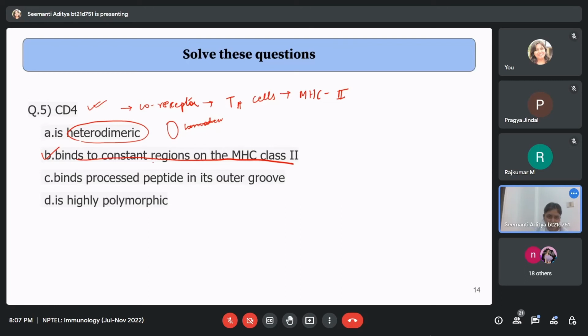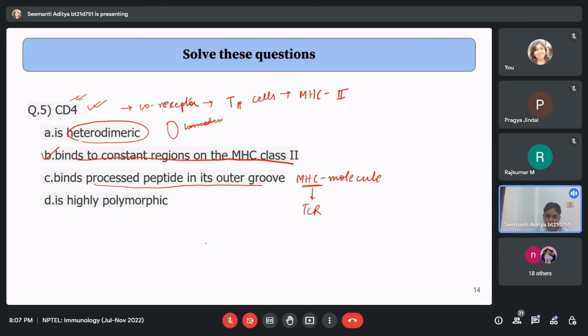And also option C is not correct. Processed peptide will be bound only by an MHC molecule, not by any CD receptors. So CD receptors are not binding to any processed peptides. Processed peptide binding is only mediated by the MHC molecule, and this MHC molecule will then go and bind to a T cell receptor.